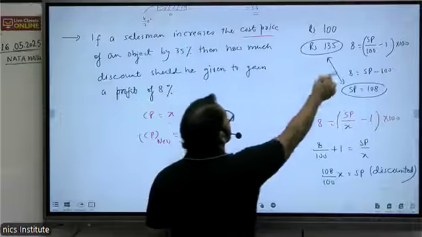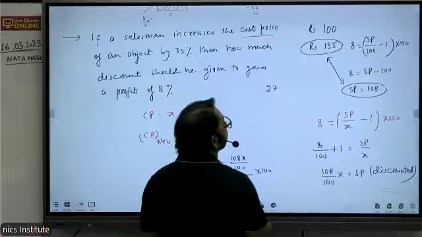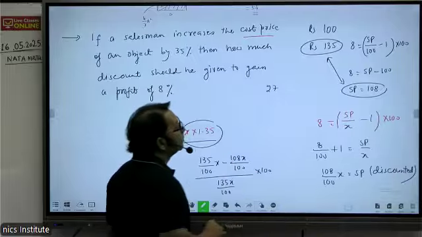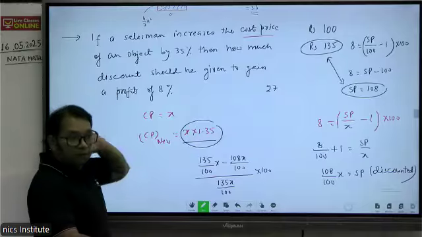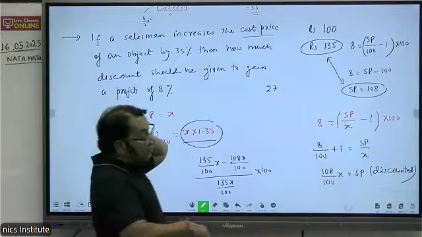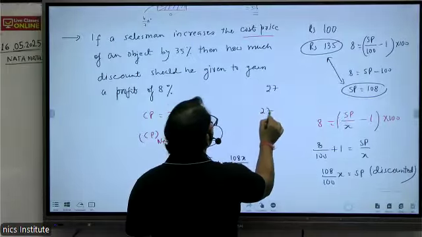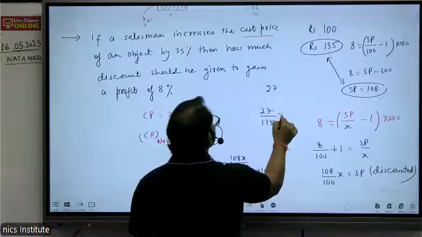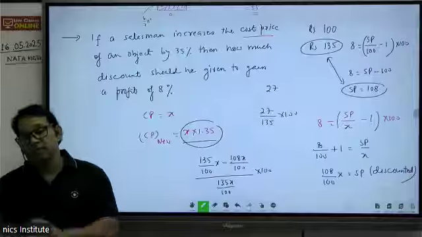Discounted money is 27 rupees. On what? This is on 135 rupees. So 27 divided by 135 into 100. This will be the discount percentage on 135 rupees.